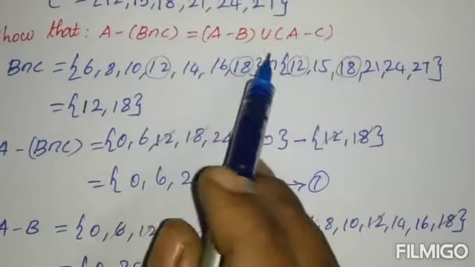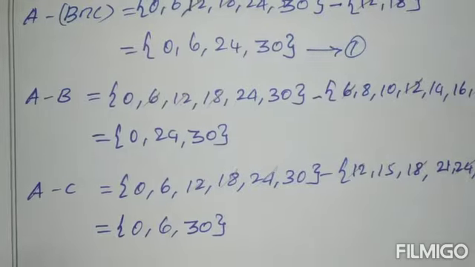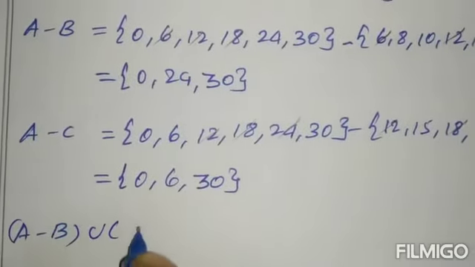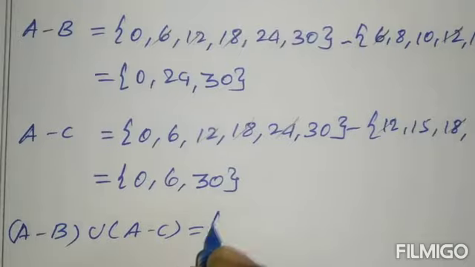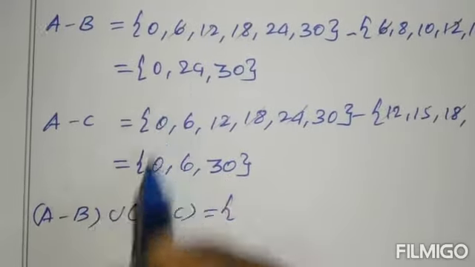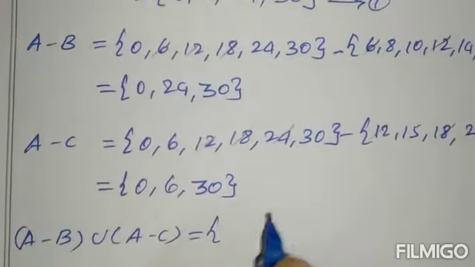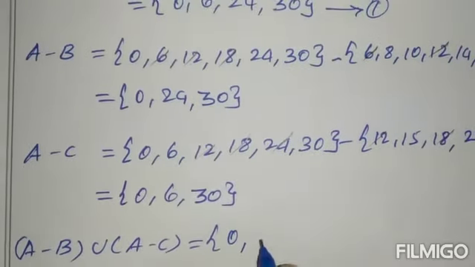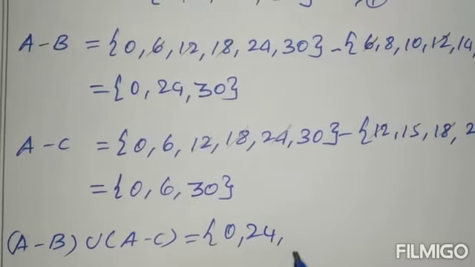So now we have to finally find out A difference B union A difference C. So A difference B union A difference C is equal to, first listing the elements of A difference B. So elements of A difference B are 0, 24, 30.